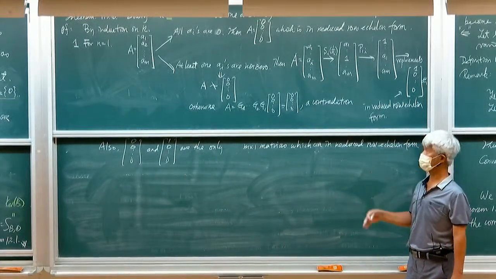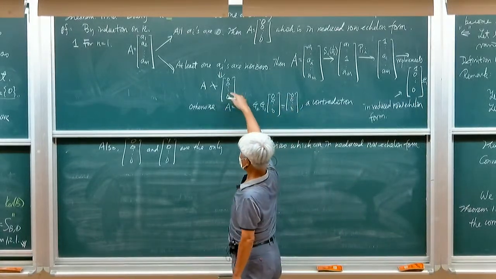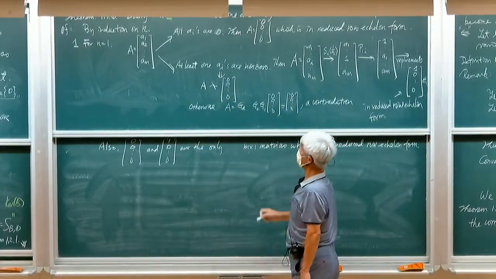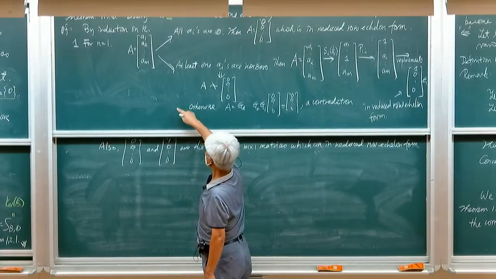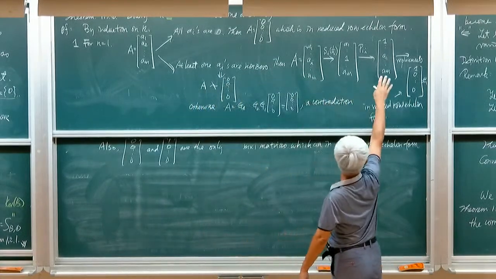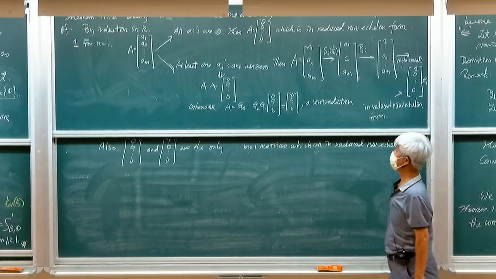No others. Because, as we say, if we have another type of matrix, then it will go to all 0, or 1, 0, 0, 0. Okay?